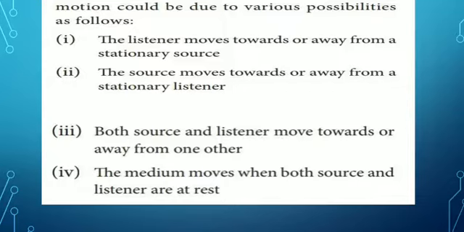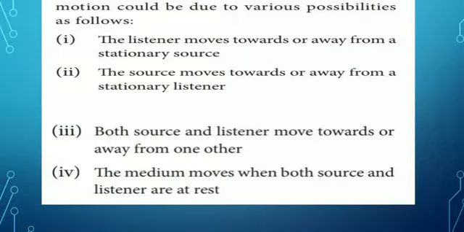Second, the source moves towards or away from the listener. Third, both source and listener move towards or away from each other. Fourth, the medium moves when both source and listener are at rest. This is a 1 mark and 2 mark question.